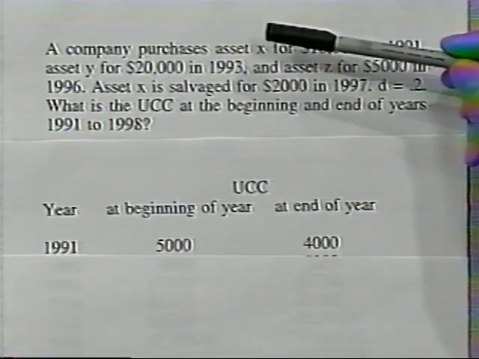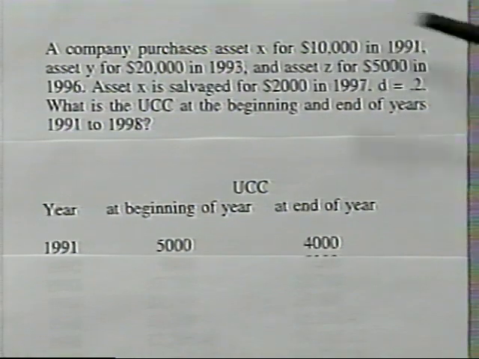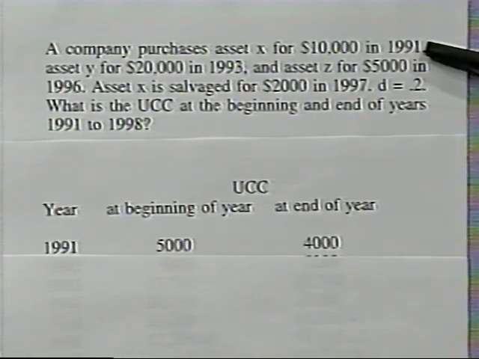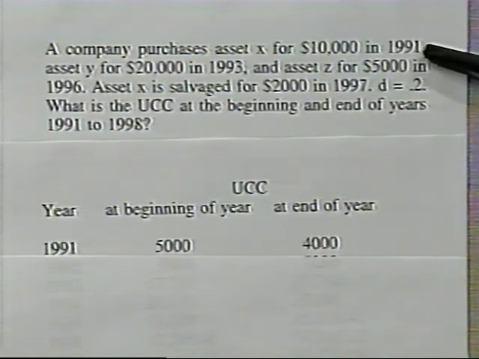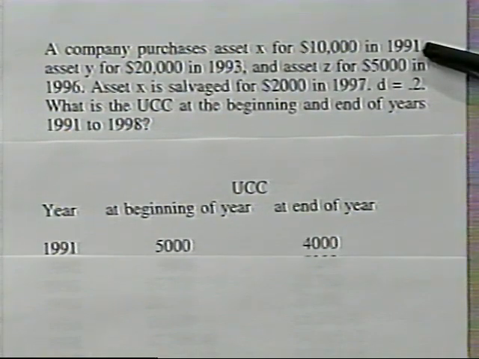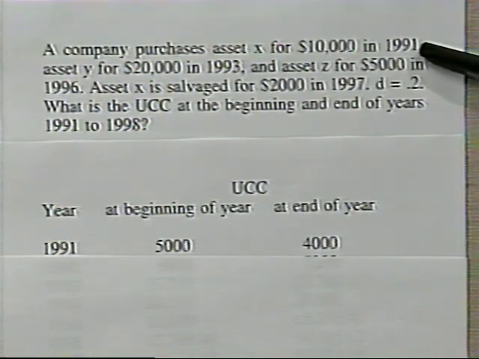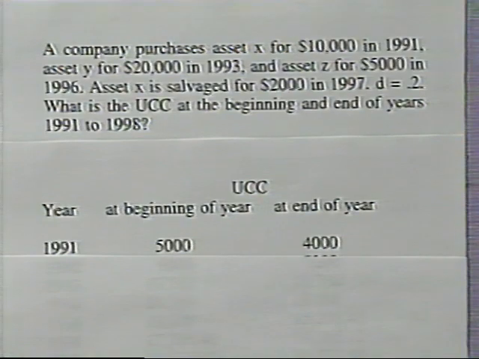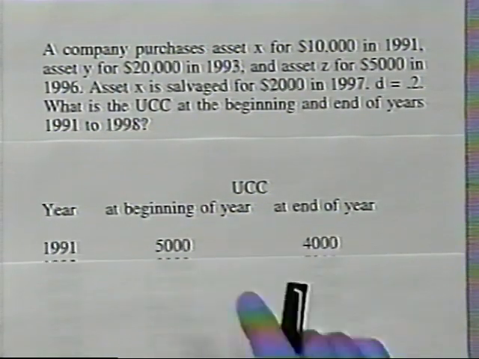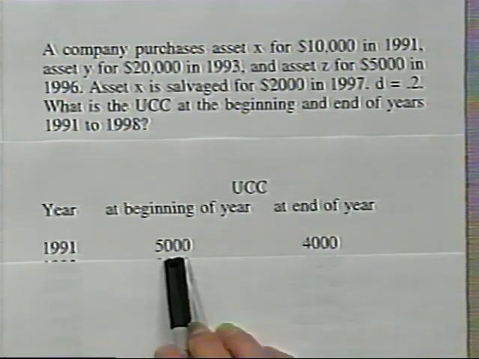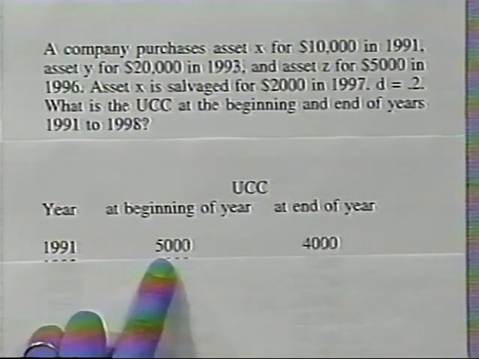So the company purchased asset X for $10,000 in 1991. 1991 is after November 13th, 1981. So the new rules apply. New rules are that you only can start depreciating half the value of the asset in the year it was purchased. So that's why the UCC here is $5,000 at the beginning of 1991.